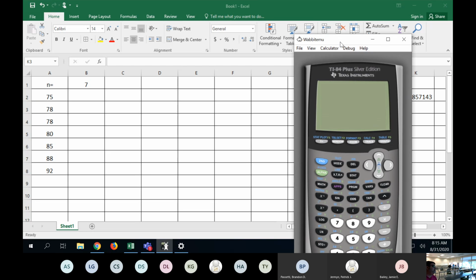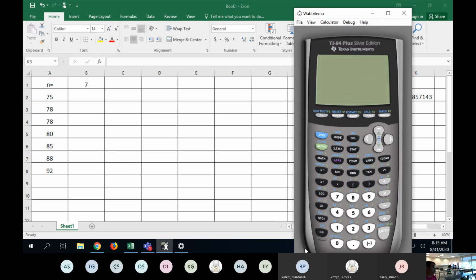Turn it on first. Hit mode. And leave it on floating if you want to, but if you want to make sure you get at least 4 digits, then you hit 4 and hit enter right there. I'm not going to do it because I want mine to be on float. Okay, so make sure you set your calculator to do that. Second, quit.